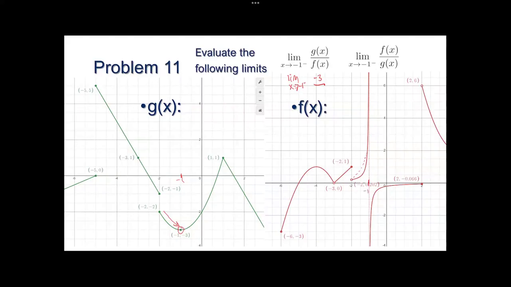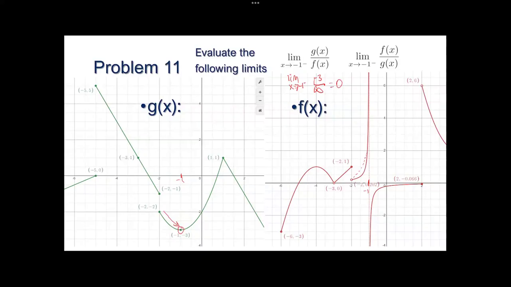We're going off into infinity, aren't we? So we have some number up top, a constant, and then we have an infinity in the bottom. What is that approaching? Yeah, it's approaching 0. Because we're dividing 3 by an infinitely larger number. All right, same idea for f of x and g of x.